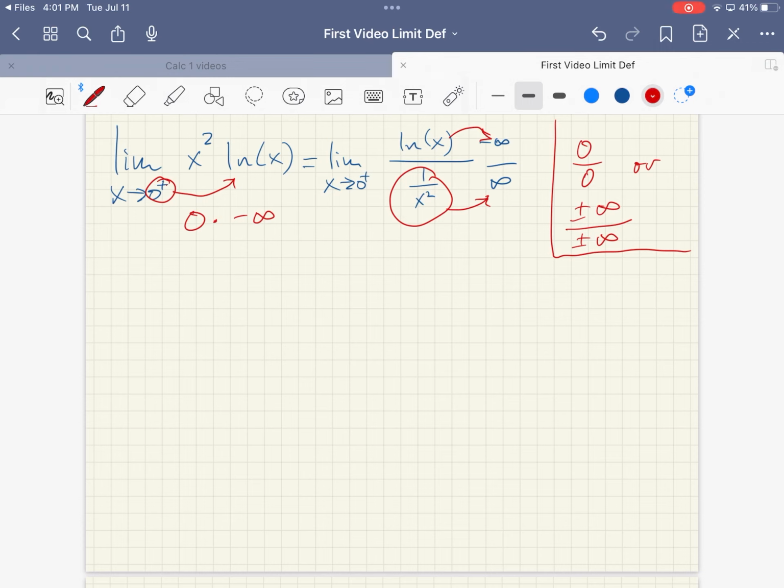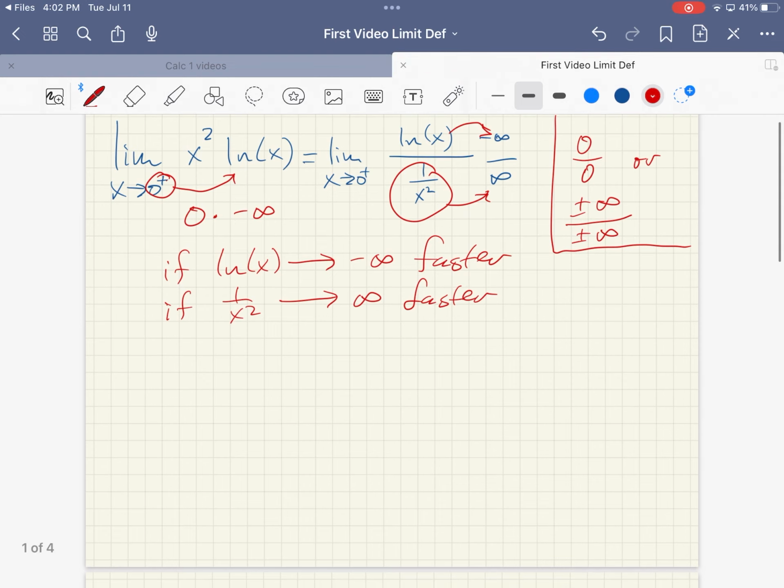Now, if ln of x heads towards negative infinity faster than 1 over x squared goes to infinity, then this whole thing is starting to blow up, and we will have a limit of infinity or negative infinity, and so we'll say the limit doesn't exist. On the other hand, if 1 over x squared heads towards infinity faster, then the denominator is getting larger faster than the numerator, and the overall fraction should be going towards 0.